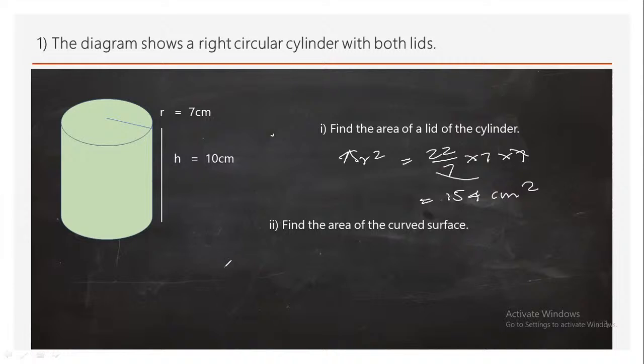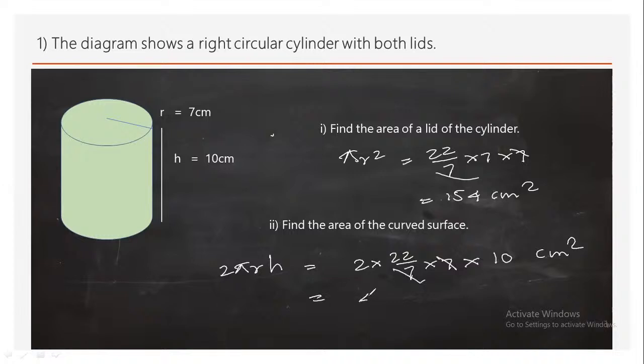It means 2 pi r h. 2 into 22 over 7 into 7 into 10. Cancel. 44 into 10, 440 square centimeter. Then that is 440 square centimeter.